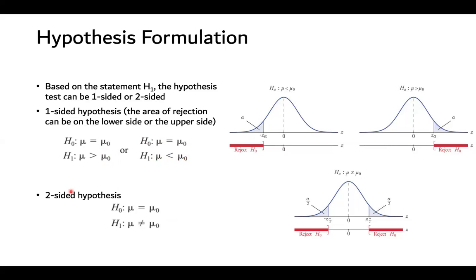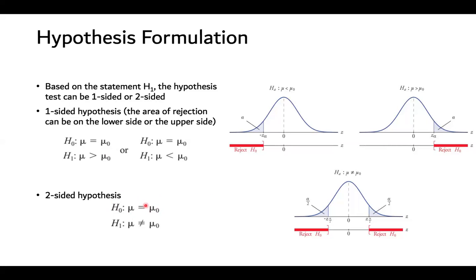Okay, in the two-sided hypothesis, the area of rejection should have a significance level of alpha. So when you have the two-sided hypothesis, the first one you claim is H null: mu equal to mu null, which is the mean of the population equal to the one we claim, with some significance level.